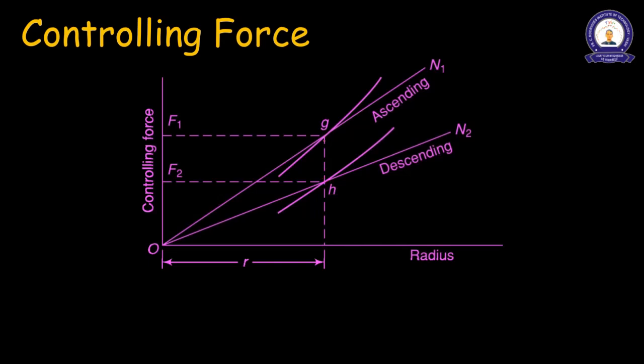That means the governor will be insensitive in between this speed range, that is N1 and N2. So from that I can term that coefficient of insensitiveness is (N1 minus N2) divided by N, where this N is the mean speed, the stable mean speed with which the governor was rotating, which lies somewhere in between here.